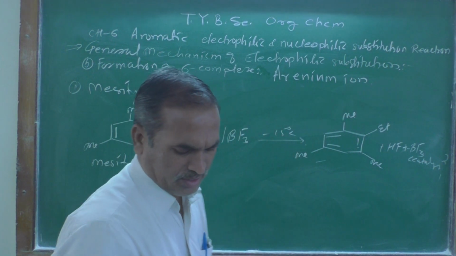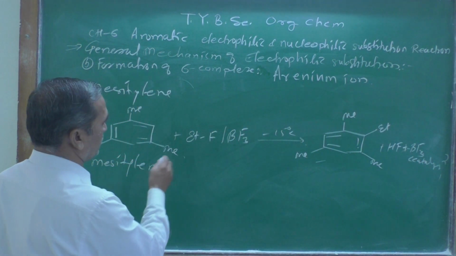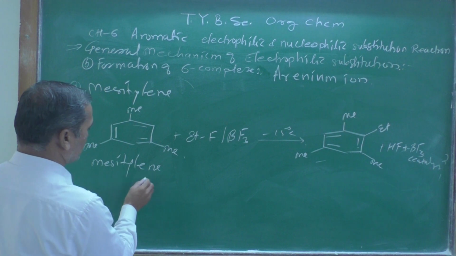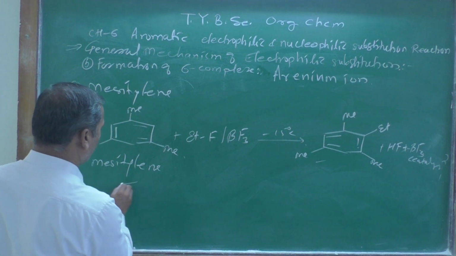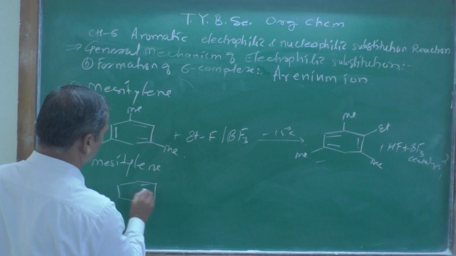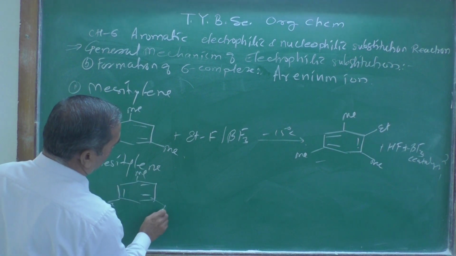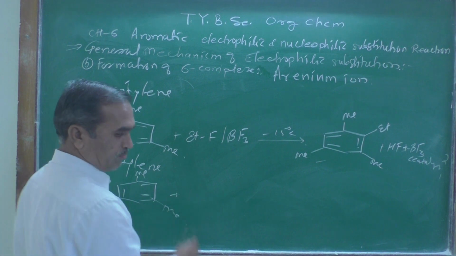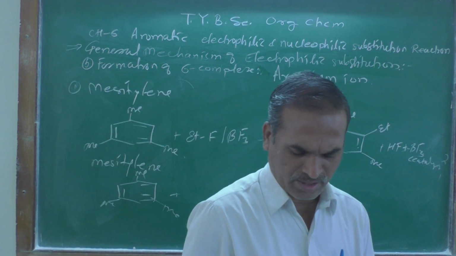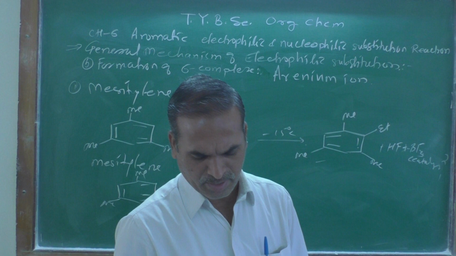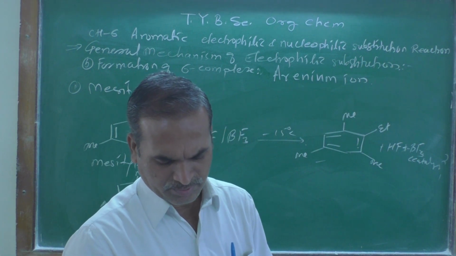And now this mesitylene compound is further treated with the same reagent, ethyl fluoride in presence of BF3 at minus 50 degrees centigrade, with methyl groups here as before.